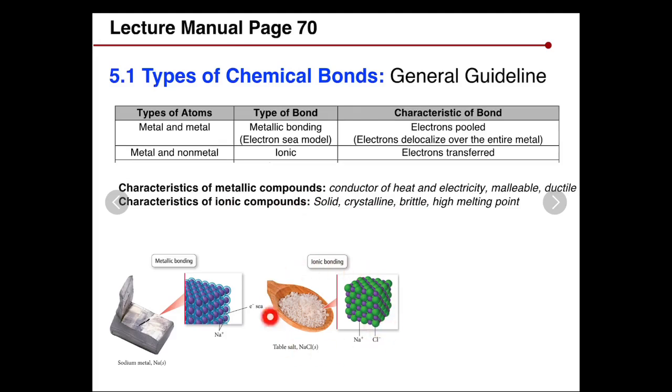An example of this would be table salt, right? When you have sodium and chlorine, you have metal and non-metal, and the electron transfers from metal to non-metal, creating ions that are held together by electrostatic force. They are most likely to be found in a crystalline lattice like this.